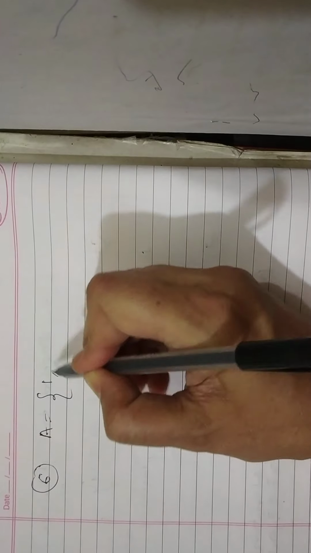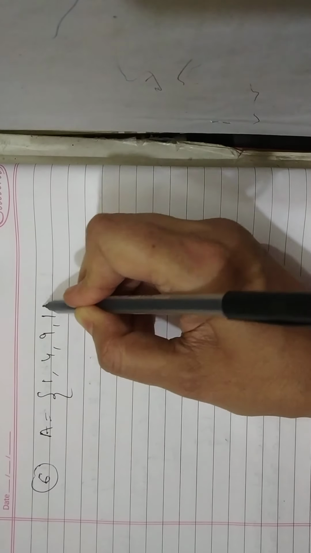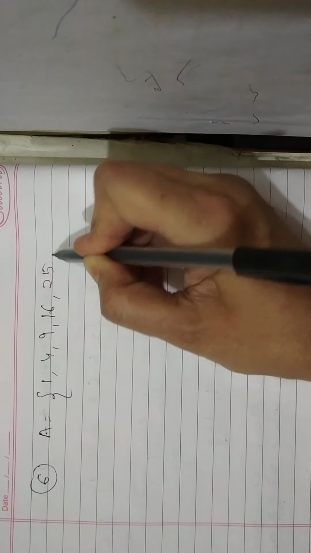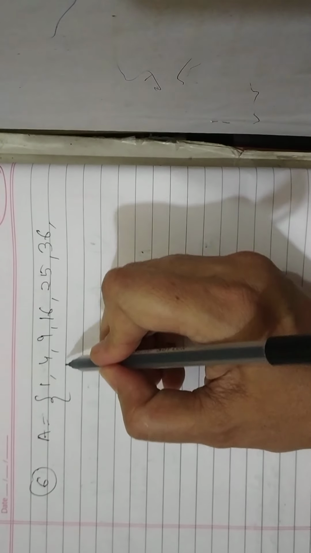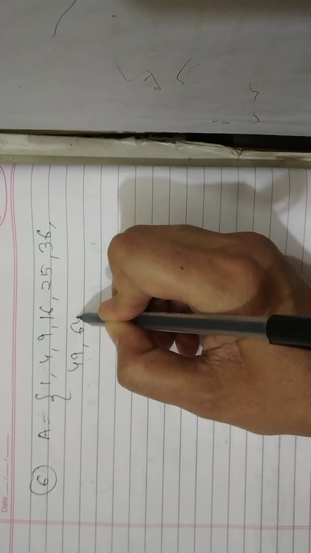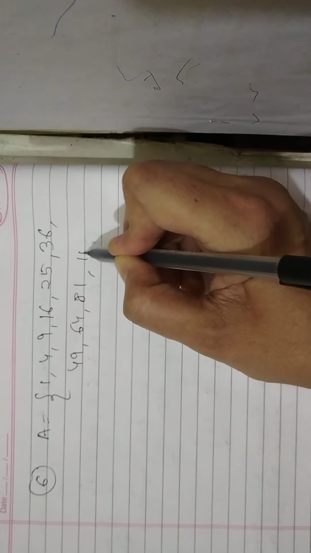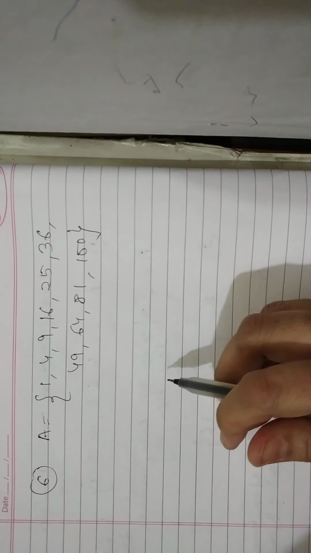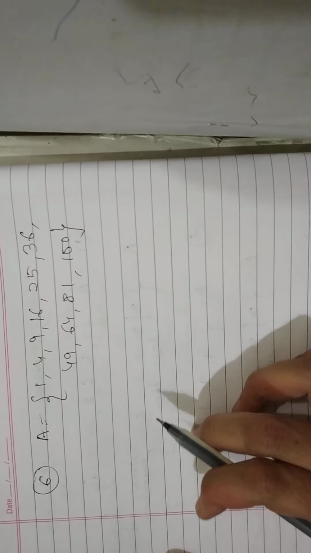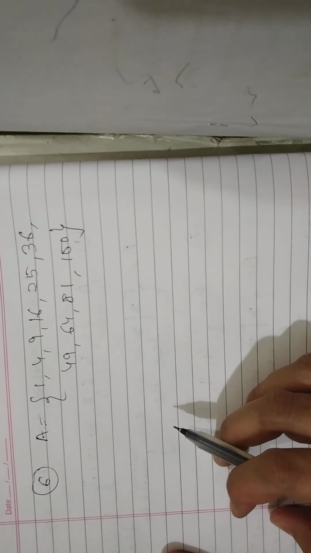Again we'll take A. Anything we can take as such. A is equal to 1, 4, 9, 16, 25, 36, 49, 64, 81 and 100. So, how we are going to write this?